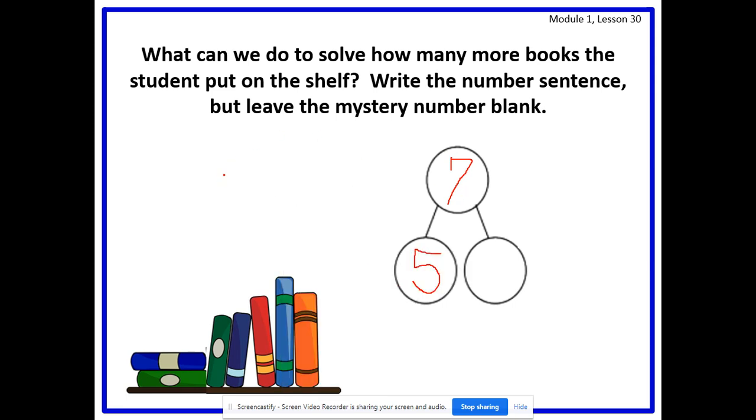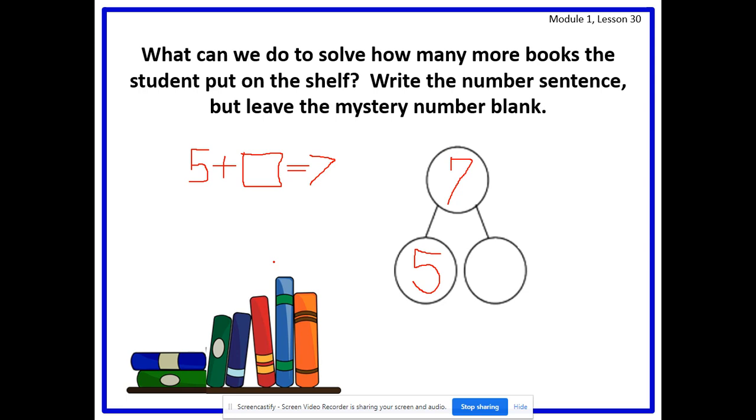Ready? So let's write an addition sentence first. And remember, when we write an addition sentence, we have to start with a part. So what is my part in my number bond? Get ready. Yes, 5. So let's write, I write, you write, 5 plus our other part was our unknown number, so we're going to leave it blank. Let's put a blank box. Equals, what's our whole number? Get ready. Yes, 7.